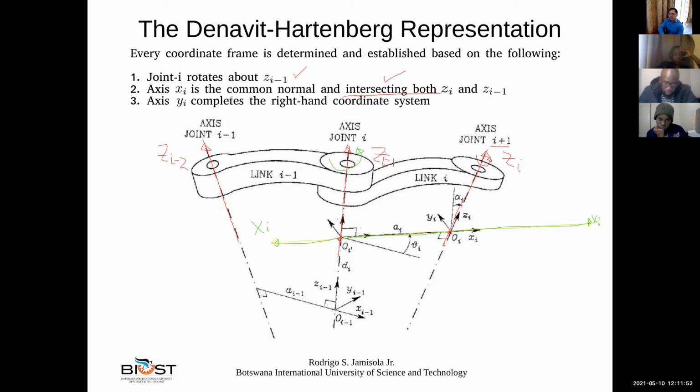The other condition is that it's a common normal. The same thing we have discussed already: x i is normal to z i minus 1 and also normal to z i.